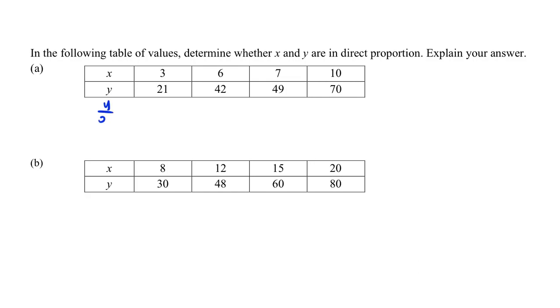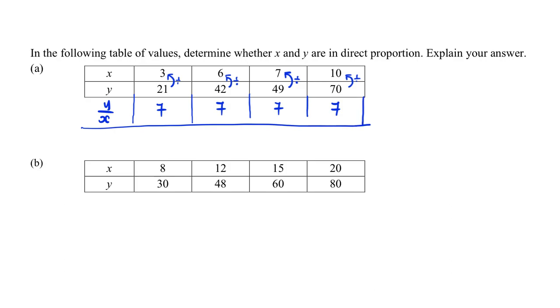For y over x, I'm going to add on to this table. 21 divided by 3 gives me 7. 42 divided by 6 is 7. 49 divided by 7 is also 7. This also gives me 7, and since y over x is indeed equal to a constant, they are in direct proportion.